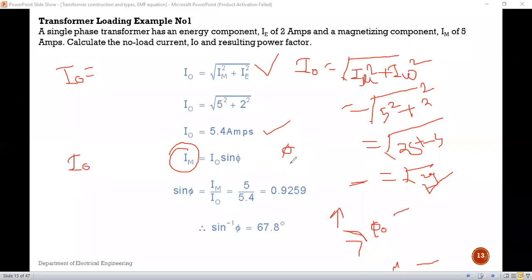Is phi the angle or the power factor? Is power factor cos phi, or only phi?